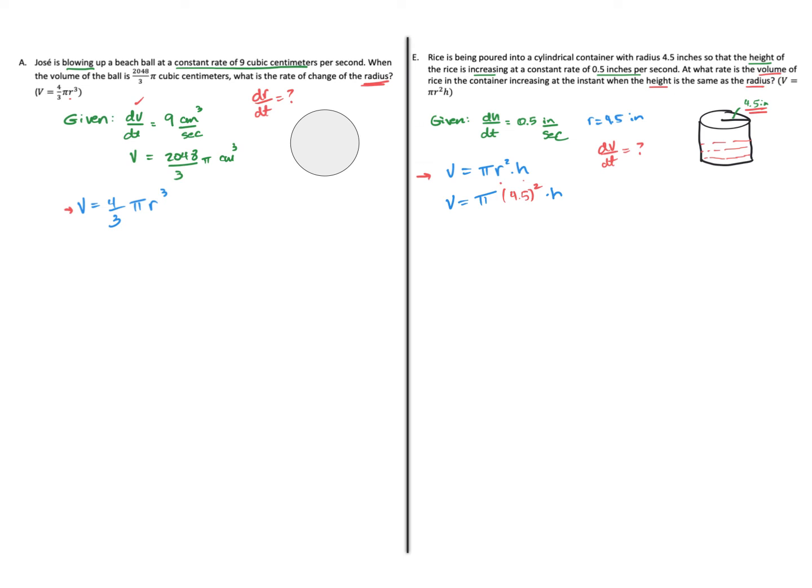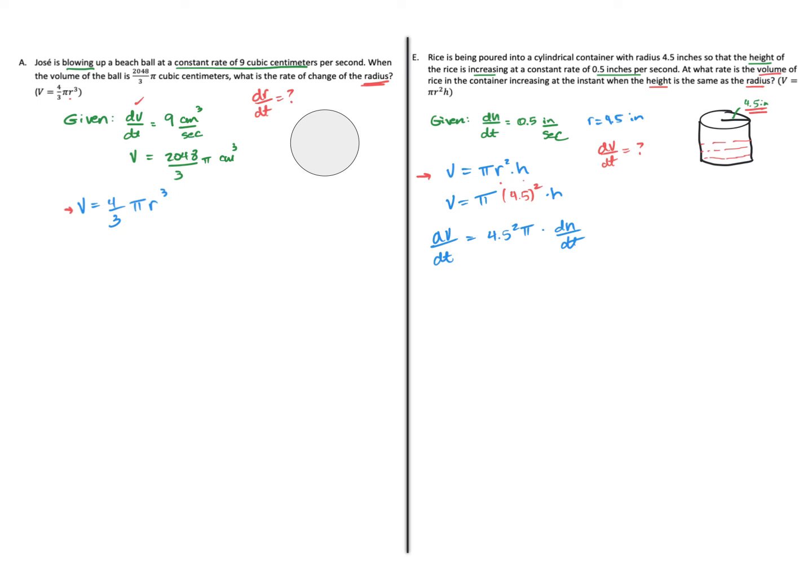Now I can differentiate both equations. Since we're talking about the rice one, let's do the rice one first. So v becomes dv over dt, and 4.5 squared pi is just a constant, and the derivative of h is 1 dh over dt. So that's how to differentiate that one.